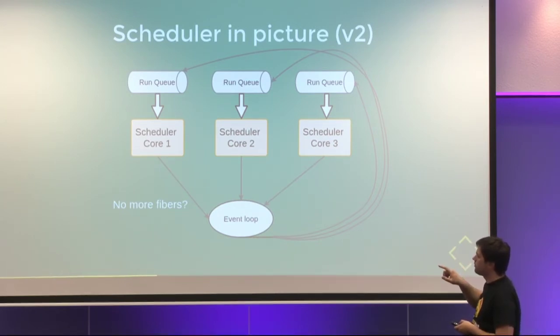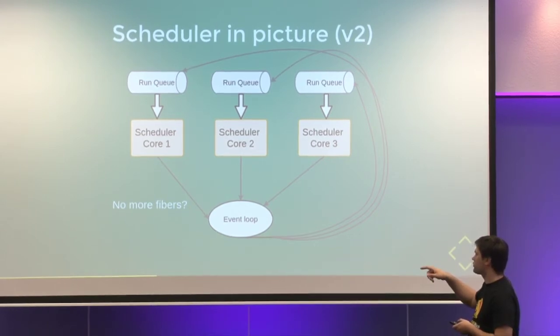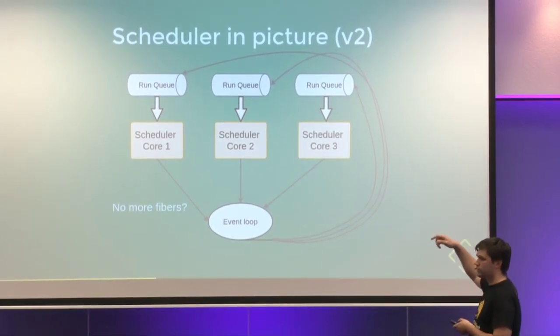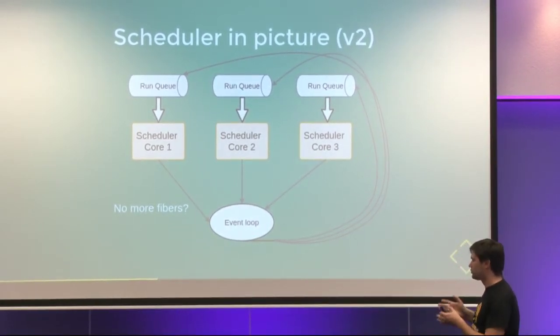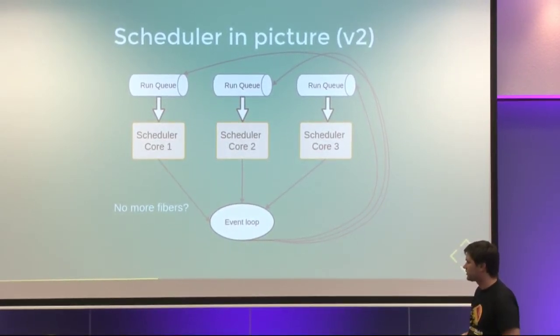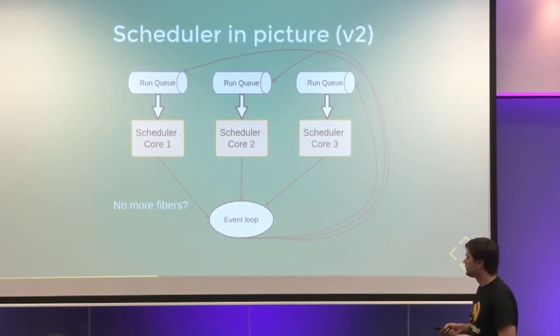But the moment somebody runs out of work, it goes to the event loop: you are the fastest one, go pick some more work. It fetches some more events, pushes them to the work queues of the others, and they go. I mean, it was beautiful, but it is 10 times slower on a virtual machine.